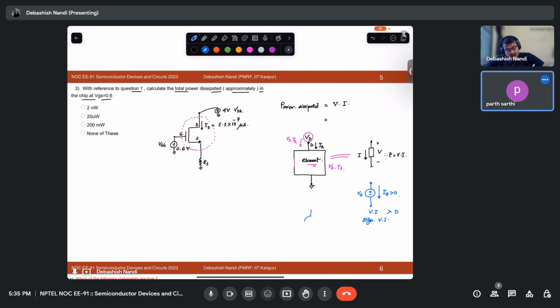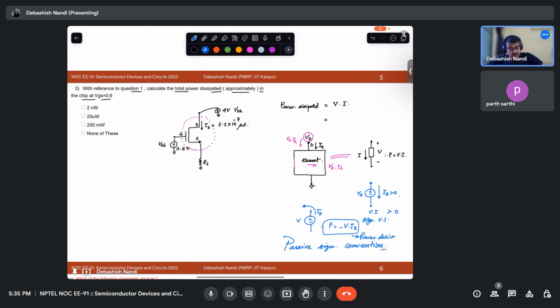Yes, sir. Generally, this kind of source has current flowing in the other direction. So if you calculate P according to the passive sign convention, P is minus V times I, right? This means power delivered, and this means power absorbed, or dissipated. Yes, sir, absorbed, right?